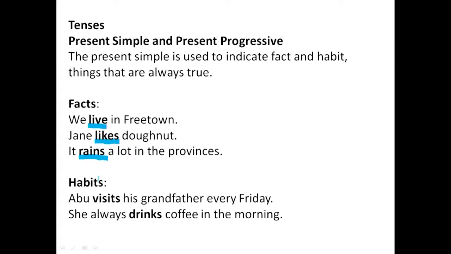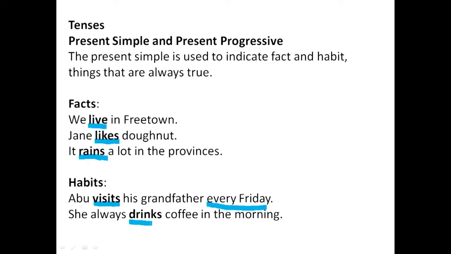So we come down to habit. Abu visits his grandfather every Friday. So every Friday tells you it's habitual. It is part of Abu's practice to visit his grandfather every Friday, and of course this gives you the impression of something habitual.